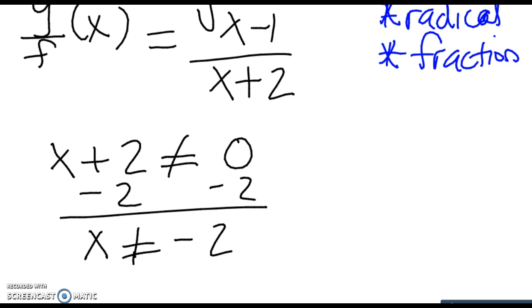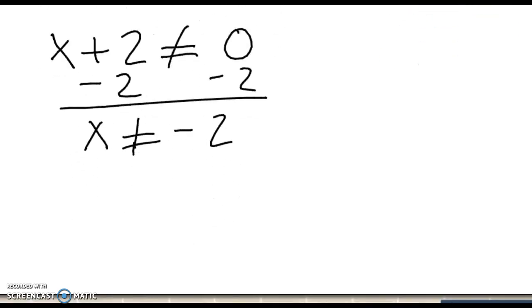The numerator is the square root of x minus 1. We can't take the square root of a negative because we are only talking about real numbers currently in the course. So we need what is underneath the radical sign to be positive.